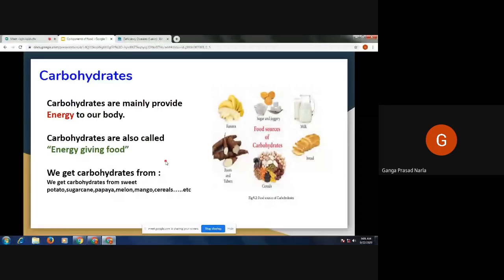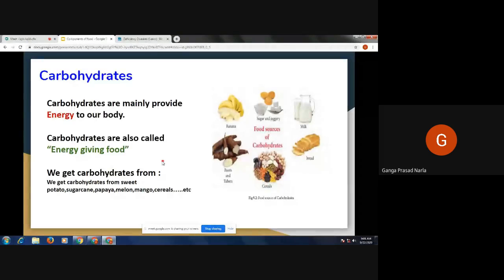Very good. Kaushal, we have carbohydrates and fats. Both are called energy giving food, right? You mentioned only fats. Very good, students. Carbohydrates and fats provide us energy, that's why we call them energy giving food. Thank you for your active participation.